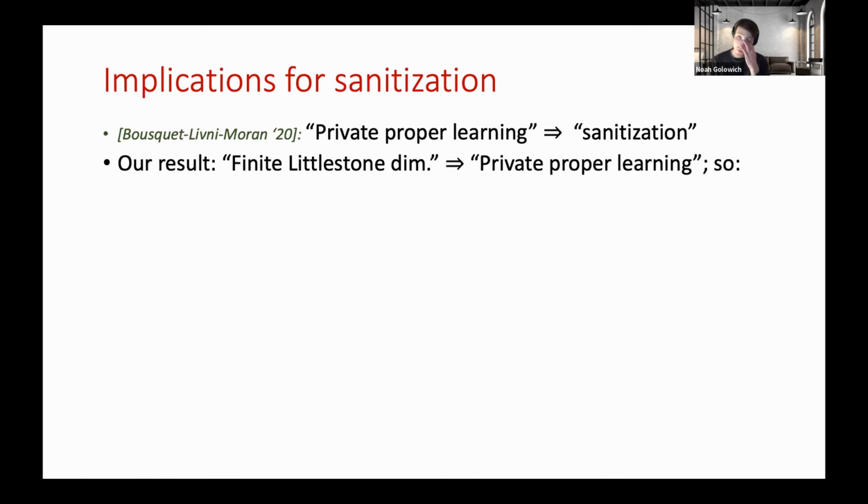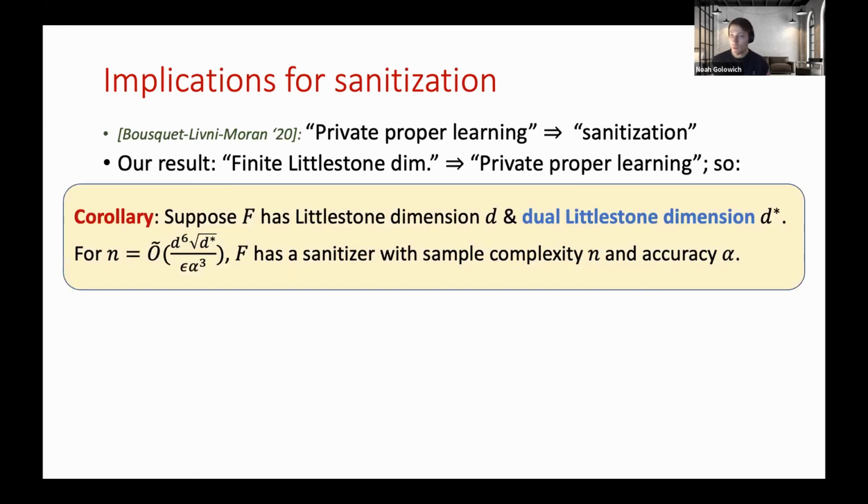And now recall that what I showed early in this talk is that finiteness of Littlestone dimension implies that you have a proper private learning algorithm for that class. And so basically you can just glue these two results together and get that finiteness of Littlestone dimension implies that you have a sanitizer. And what we actually show is that there's a quantitative version of this result, which is the following.